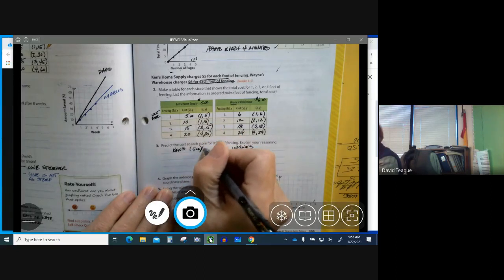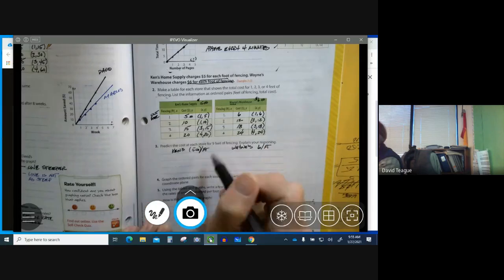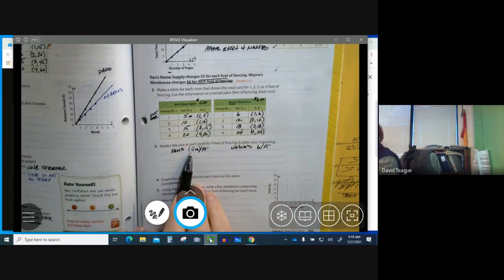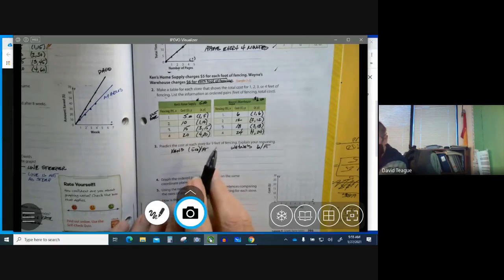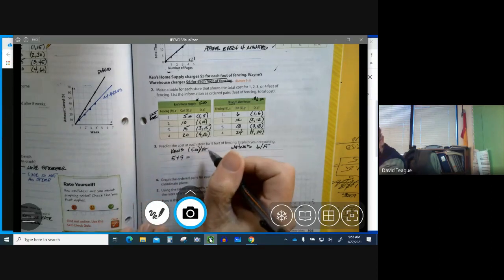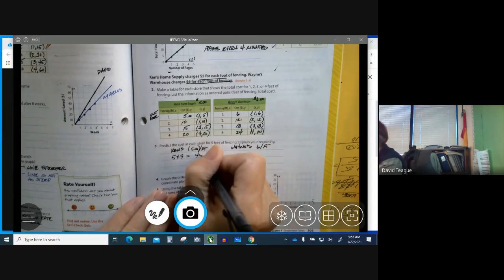And Wayne's was $6 per foot, right? So we know this is our unit rate. So we can just take 5 times 9. So we can do 5 times 9 equals what? 5 times 9 is 45.